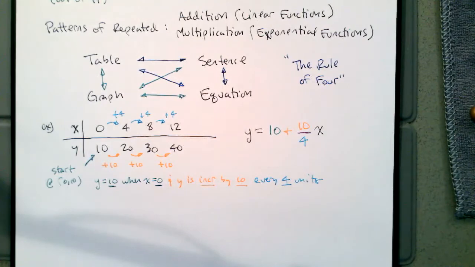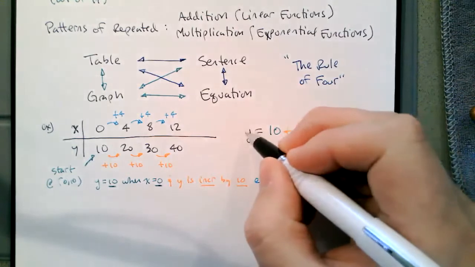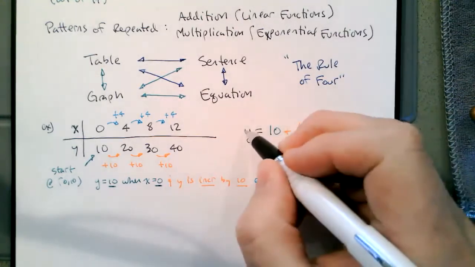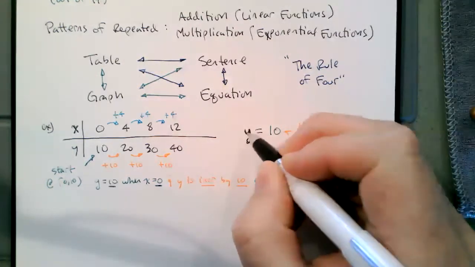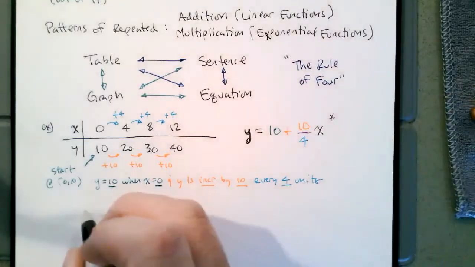We would simplify 10/4 to 5/2 or 2.5. But we want to make sure that our equation, our table, and our sentence are all saying the same thing. So we could simplify.